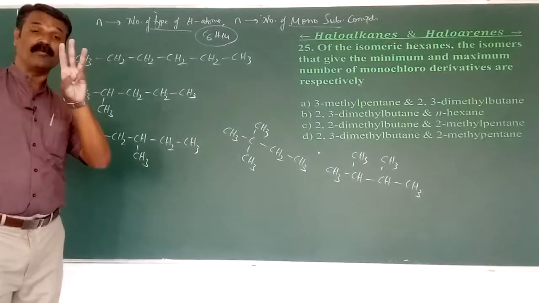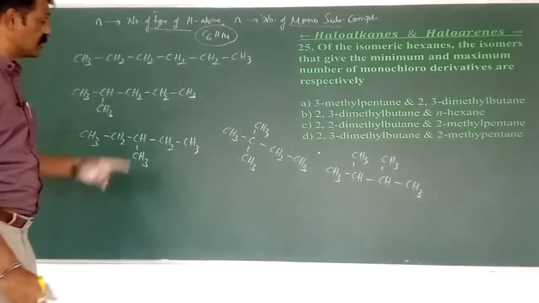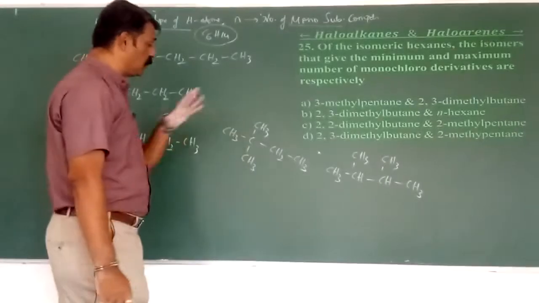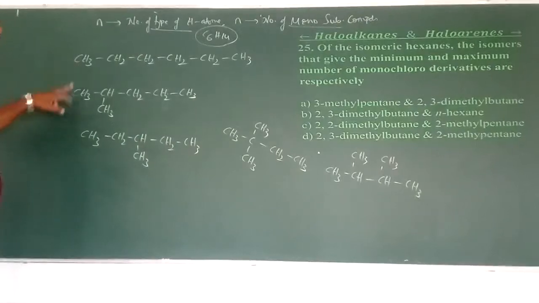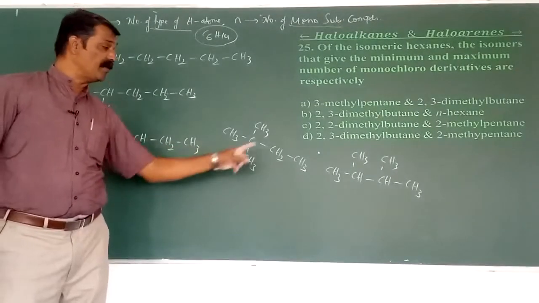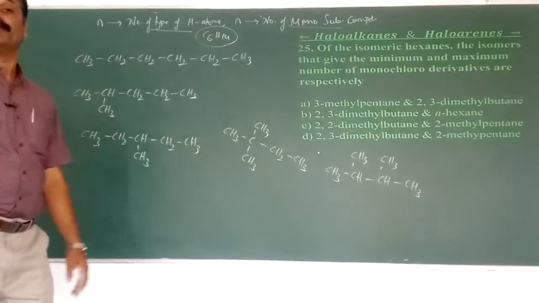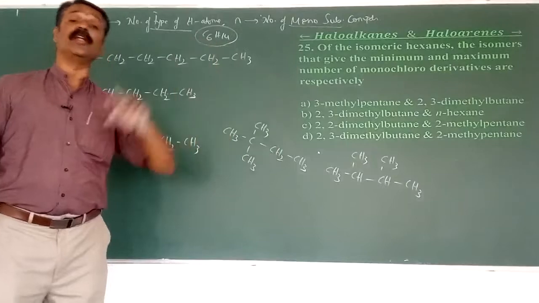Pentane has three: n-pentane, isopentane and neopentane. So the isomers are hexane, 2-methyl pentane, 3-methyl pentane, 2,2-dimethyl butane and 2,3-dimethyl butane.